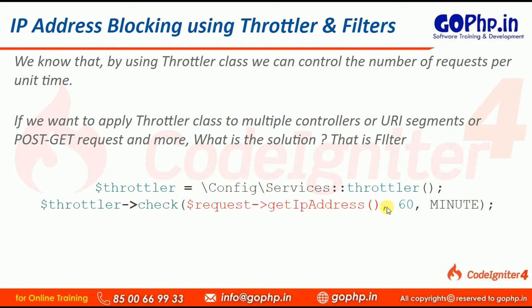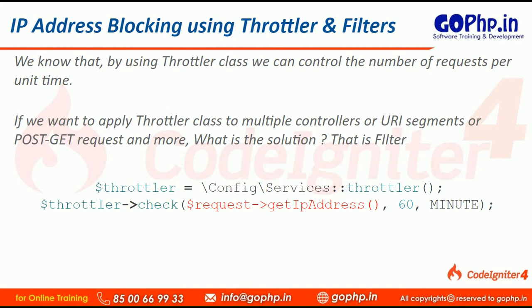If you are sending requests to our application from a particular IP address, it is 60 requests for 1 minute. What is the meaning of 60 tokens for 1 minute? I mean 1 token per second. If you are sending more than 60 requests to our server in a minute, I just want to block you, saying that too many requests hit the server, please wait for some time to process your request. This is what we want to see now.